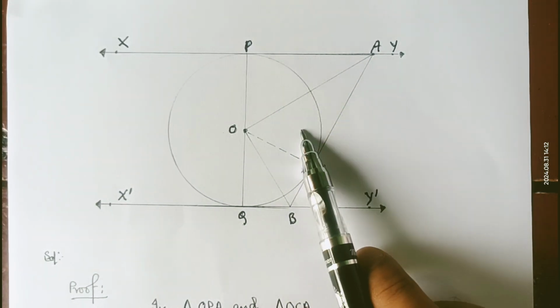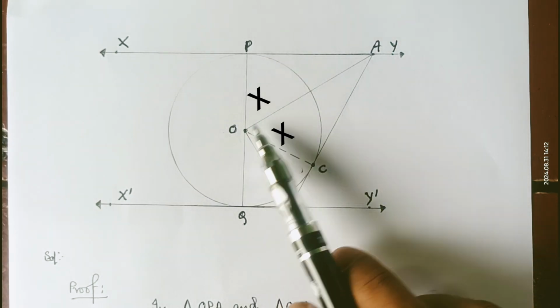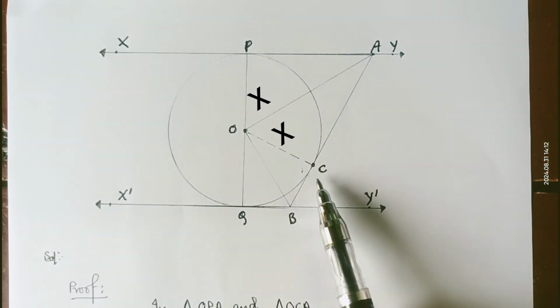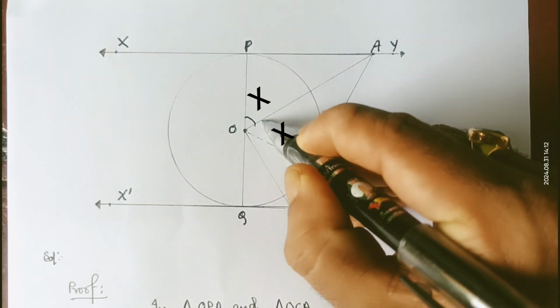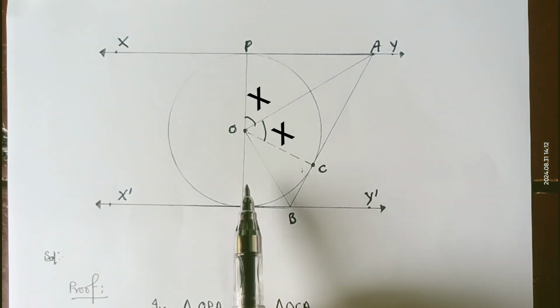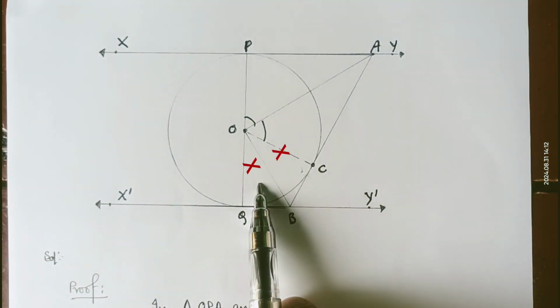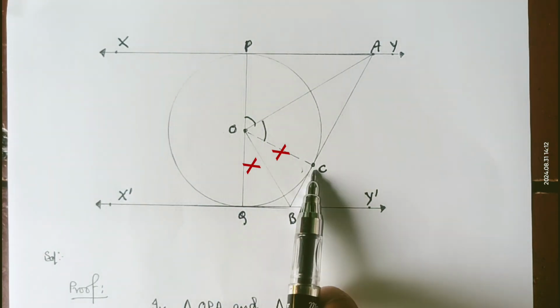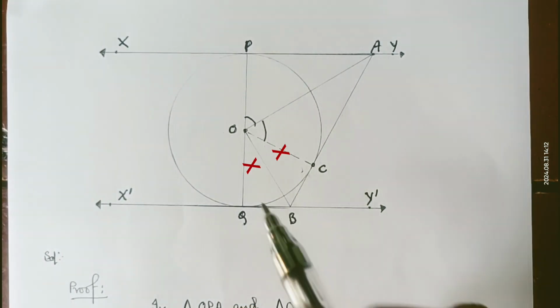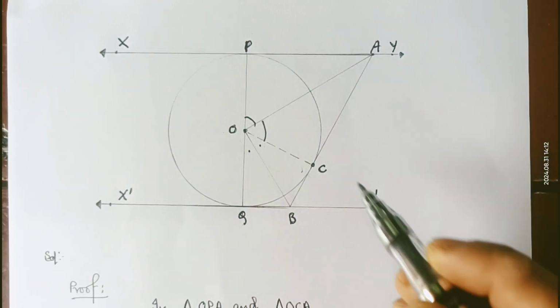Since these two triangles are congruent, angle POA and angle COA are equal. Similarly, we can show QOB and angle COB will also be equal.